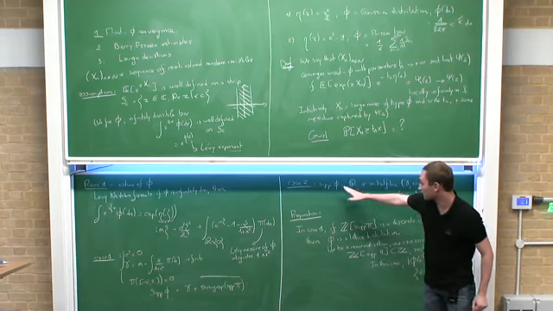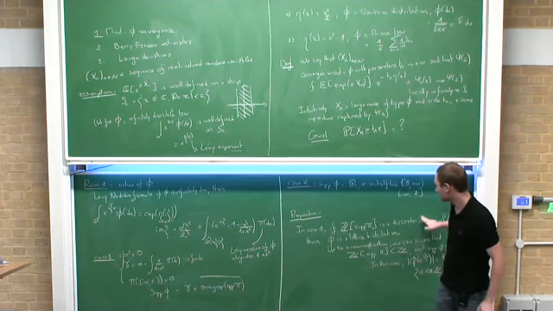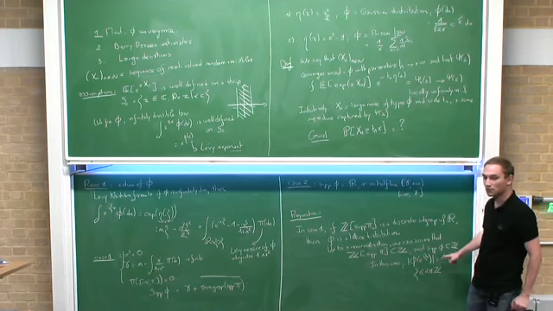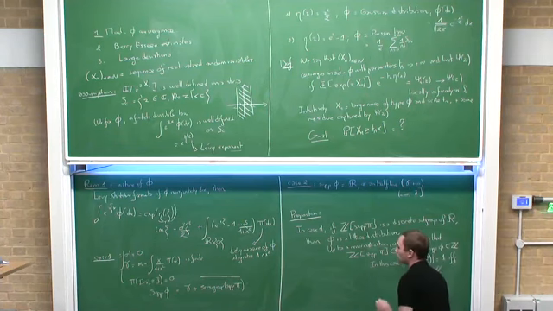This can be in case number 2, or if this is not a discrete subgroup of R. Then the Fourier transform is always strictly smaller than 1, except when psi is equal to 0.